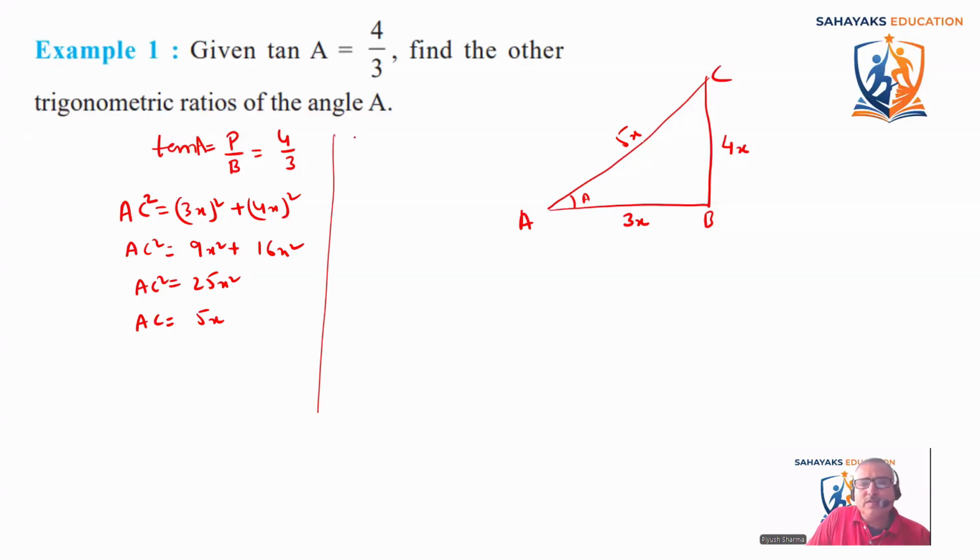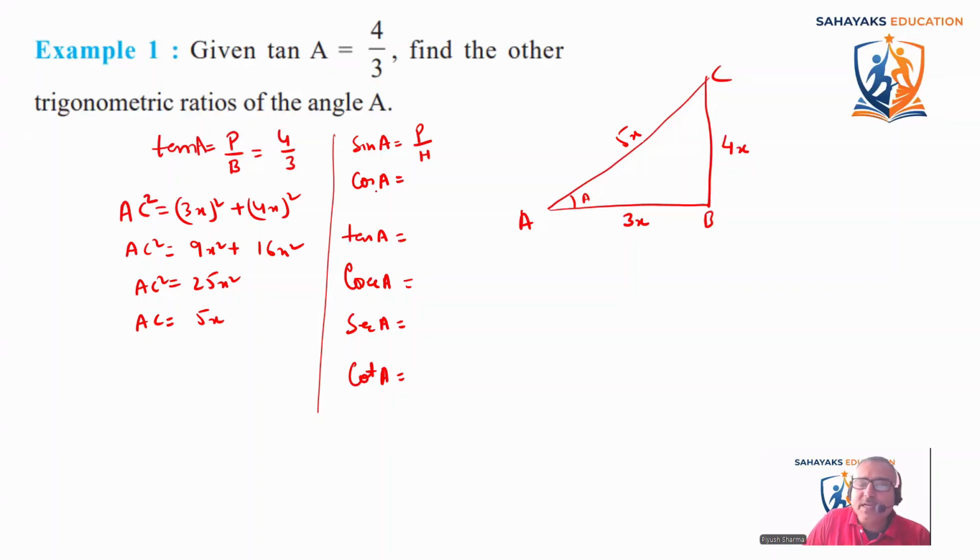Now we have to find the different ratios. Let's find out: sine A, cos A, and tan A. We are finding the values for these. The other three values we can take as a reciprocal directly: cosec A, sec A, and cot A. Sine A is perpendicular by hypotenuse.